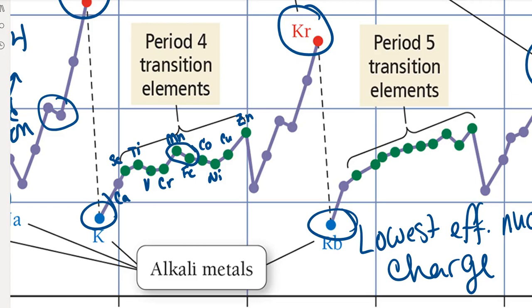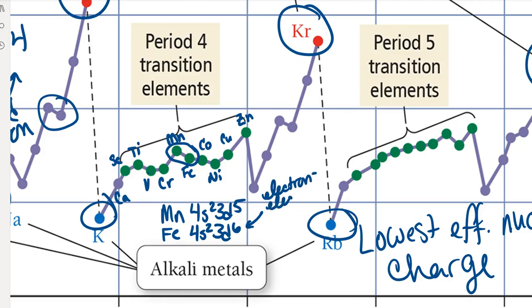The reason that it starts to get easier with iron is because my manganese configuration has that ending of a 4s2 3d5. But when we look at iron, we go from 4s2 to 3d6. And this means that we have that electron-electron repulsion again. That makes it a little bit easier to take that out.